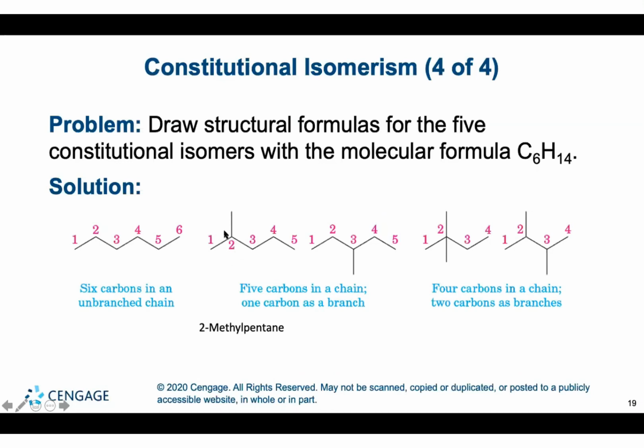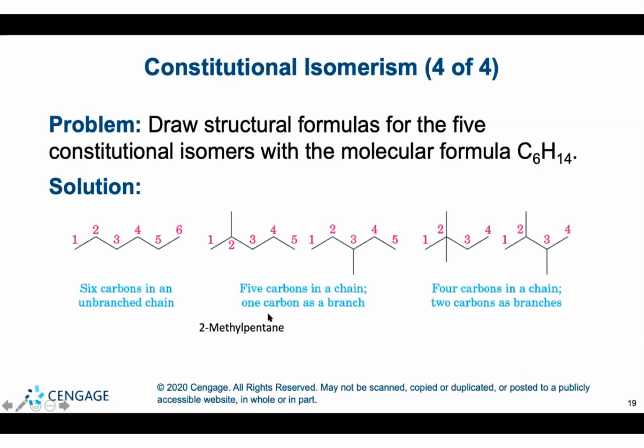Then you can also move this branch as long as you get a different name. You can just change the location of this branch. So you can see that I can also move it in another structure, from carbon 2 to carbon number 3.